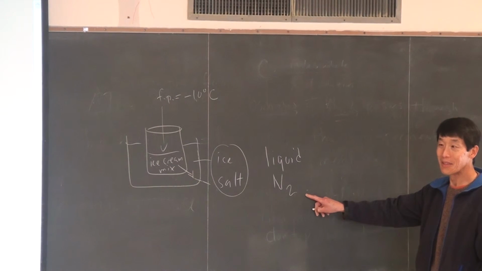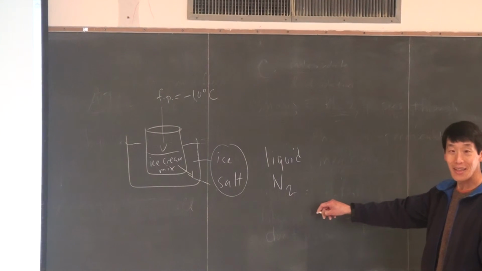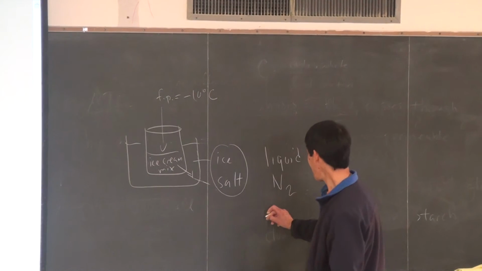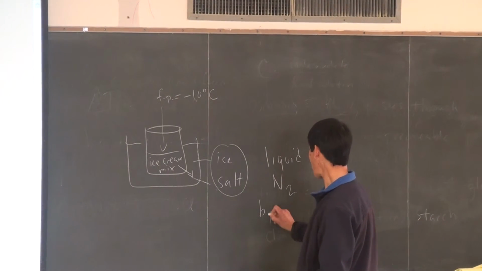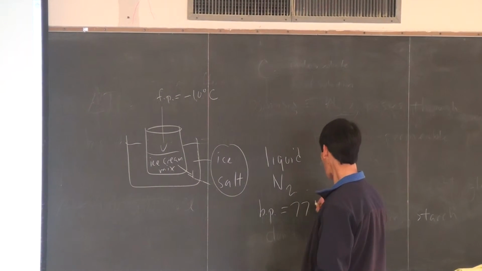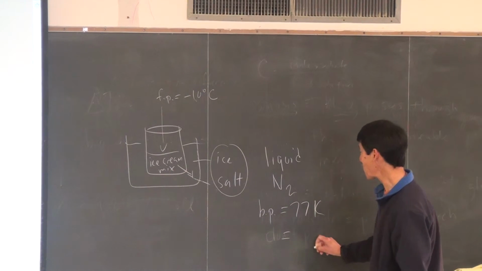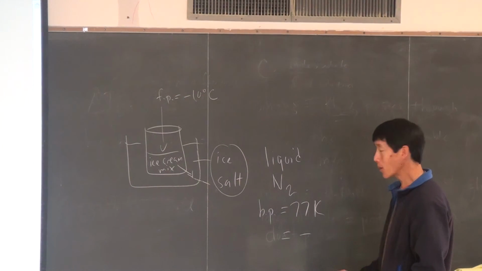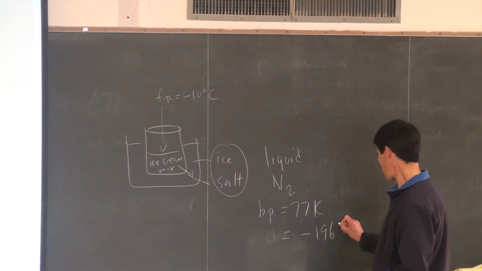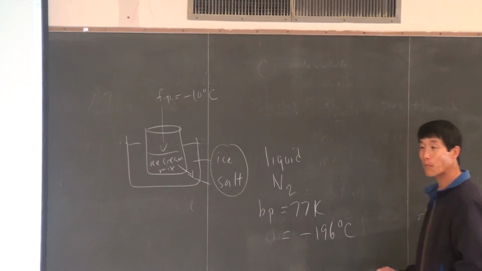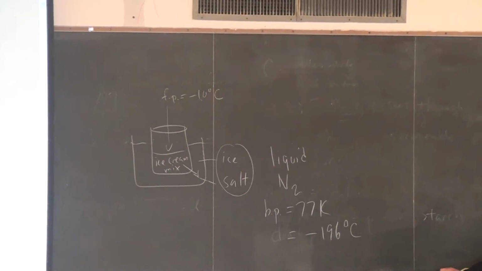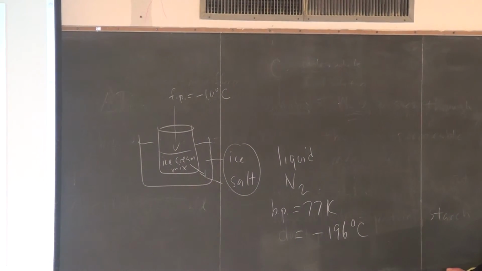Negative 200 degrees Celsius. Yeah, the boiling point of liquid nitrogen is 77 Kelvin, or let's see, that's the same as minus 196 degrees Celsius. So that's pretty cold.